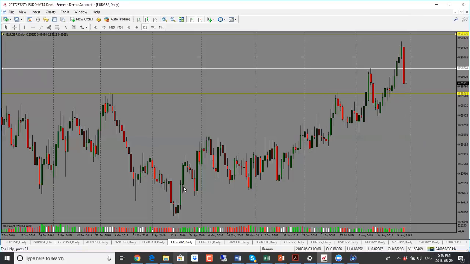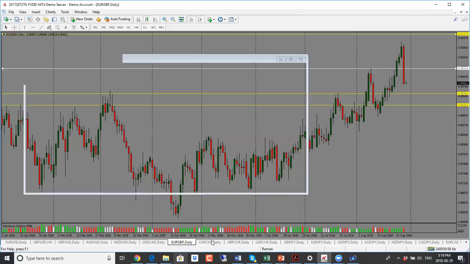Bias is to the downside for Euro pound, and target is 0.8950. And then below that, we are getting into the next support and resistance level. That's a big important support level, as we can see, price went all the way there as well. So bias is to the downside, 0.8950 first target, 0.8920 will be the second target.